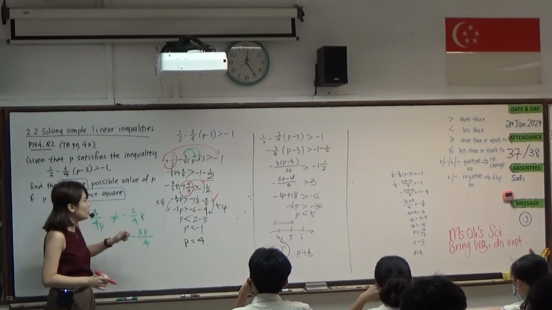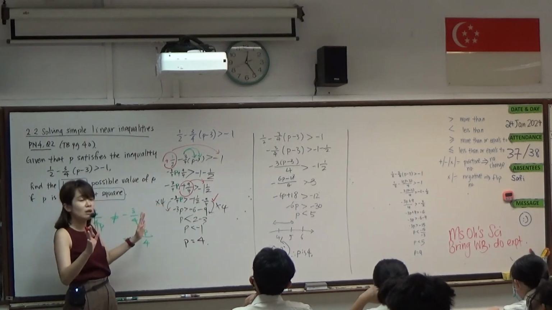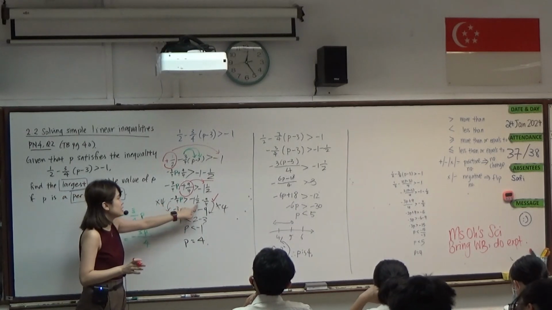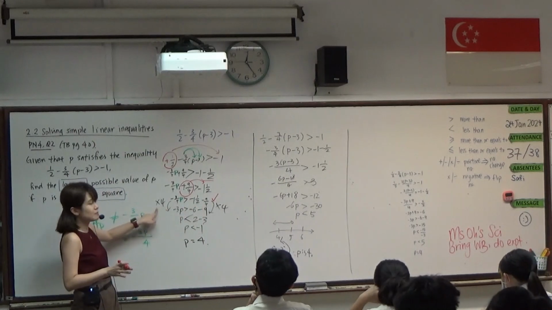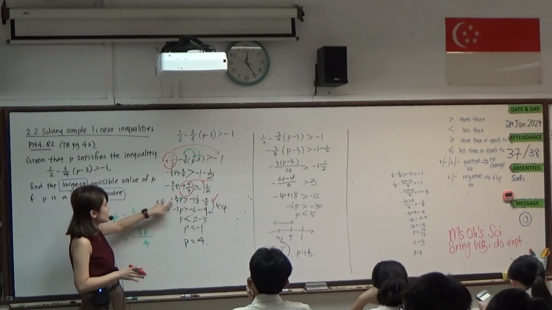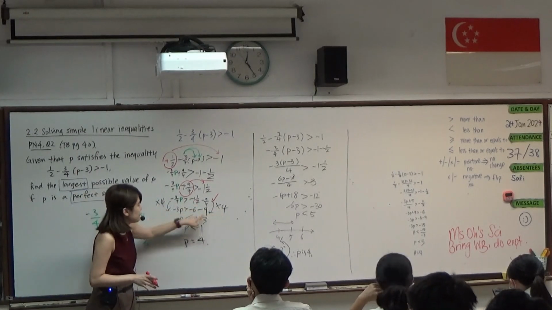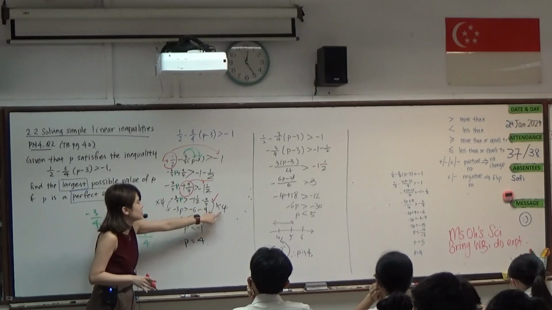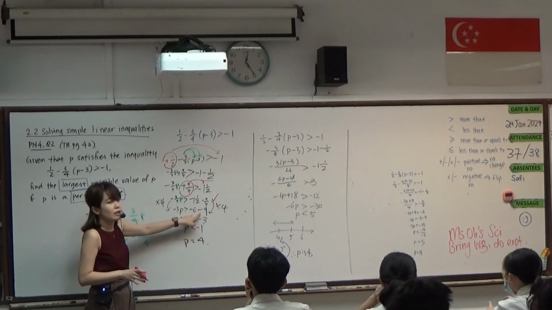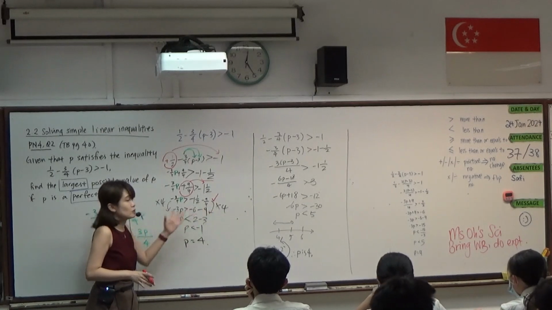Then he noticed that there's a fraction, and he wants to get rid of the denominator. Between the denominators 4 and 2, the lowest common multiple is 4. So he multiplied by 4 on both sides, such that he gets negative 3p here. Negative 1.5 times 4 is negative 6, minus 9/4 times 4 is negative 9. He could have simplified this first before multiplying by 4, but this is also fine.